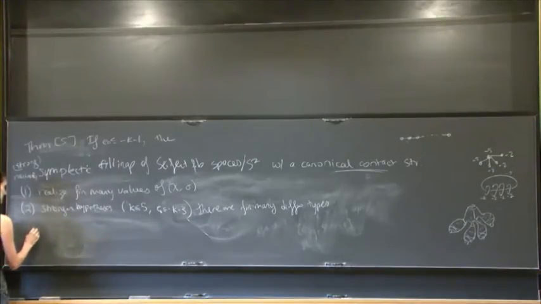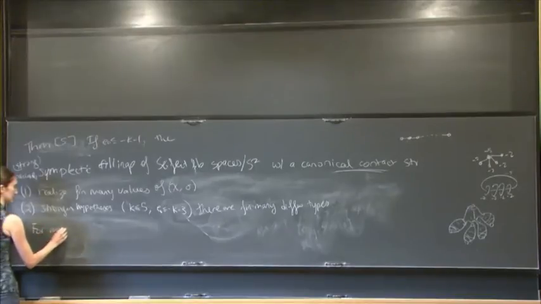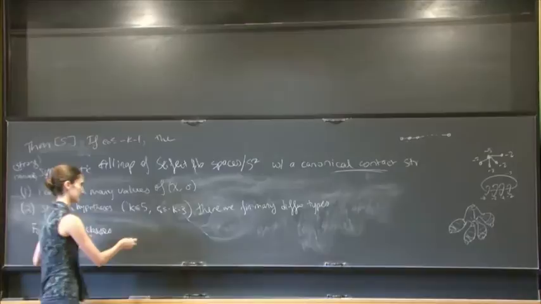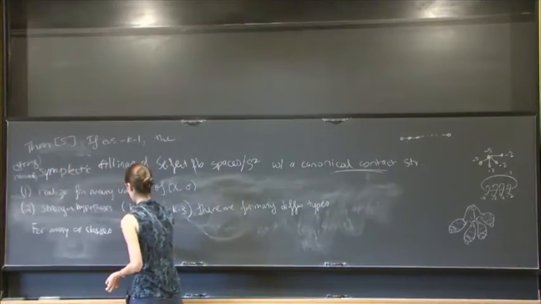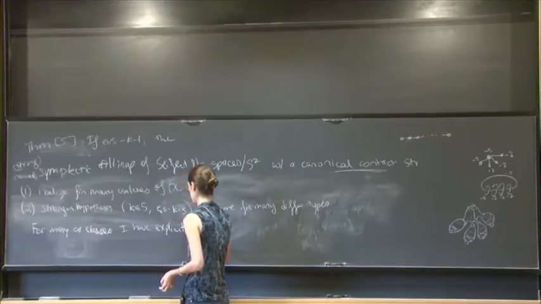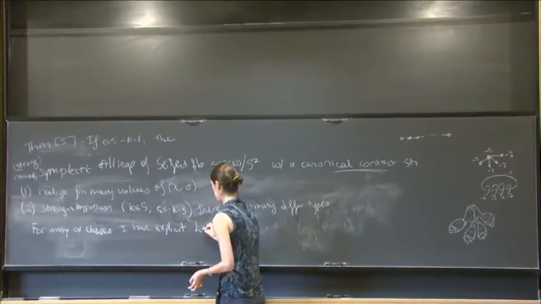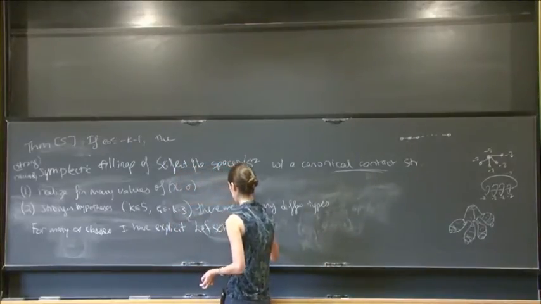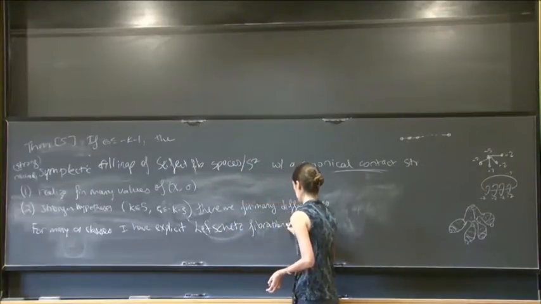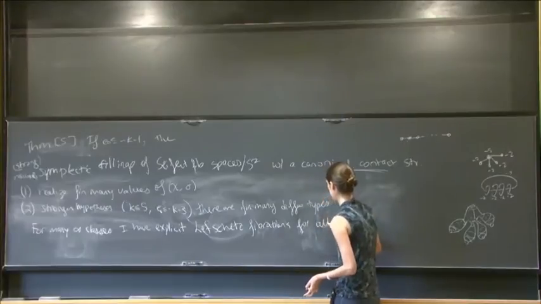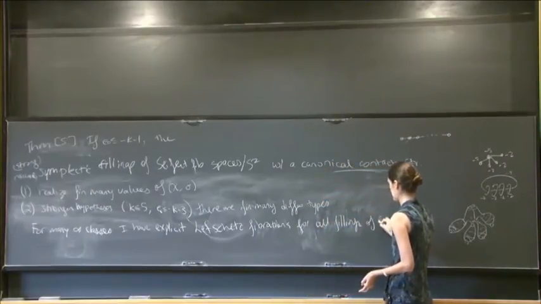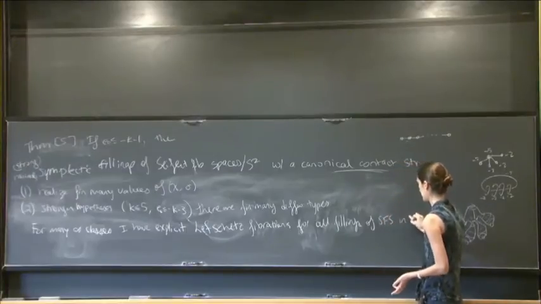So at least for many infinite classes, I have explicit descriptions of these manifolds. So that's encoded in a Lefschetz fibration for all the fillings of the Seifert fibered spaces in that class.